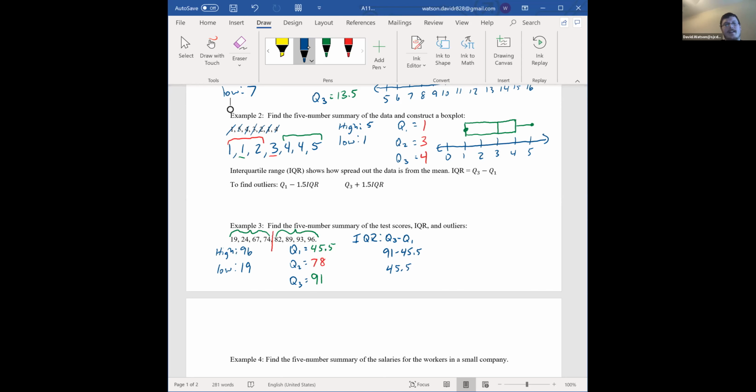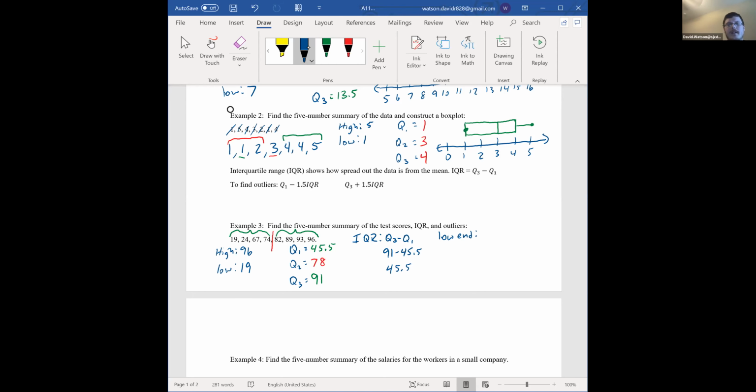All right, now to find outliers, we take Q1 and Q3 and just add or subtract 1.5 times the IQR. So for the low end, I'm just gonna put low end.